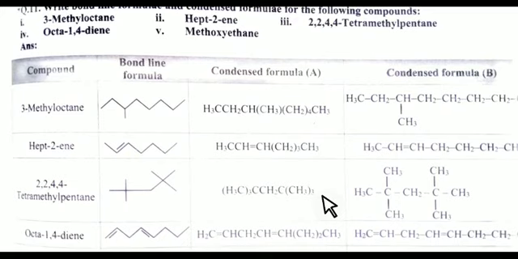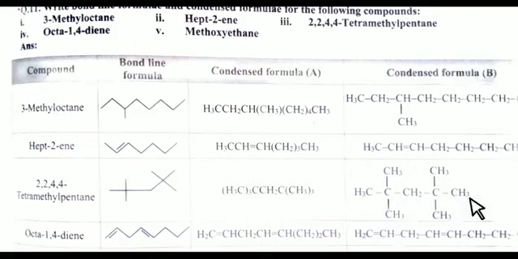Now the next is 2,2,4,4-tetramethylpentane. It means the second carbon contains 2 methyl groups and the fourth carbon contains 2 methyl groups, on a pentane chain. 5 carbon atoms are there, 1, 2, 3, 4, 5.